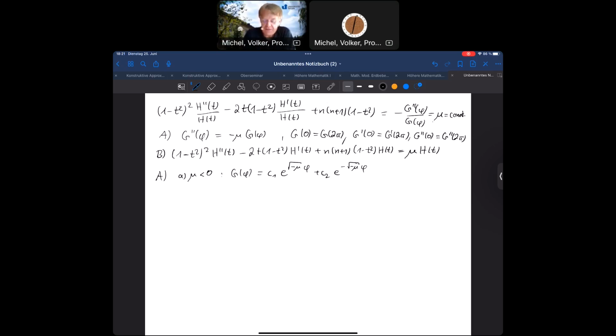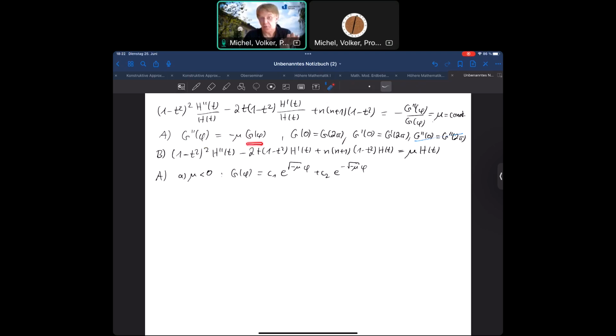No, I don't need the latter one. Why not? Because if you insert 0, G double prime of 0 is minus mu times G of 0. But G of 0 is G of 2 pi. So G double prime of 0 is minus mu times G of 2 pi.